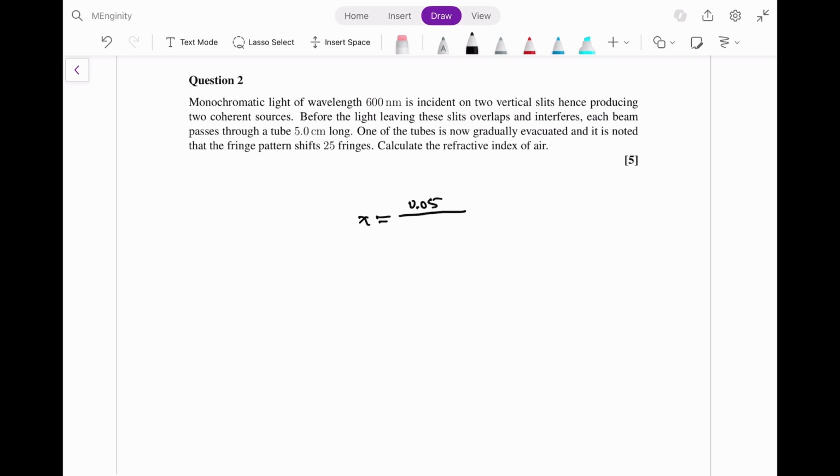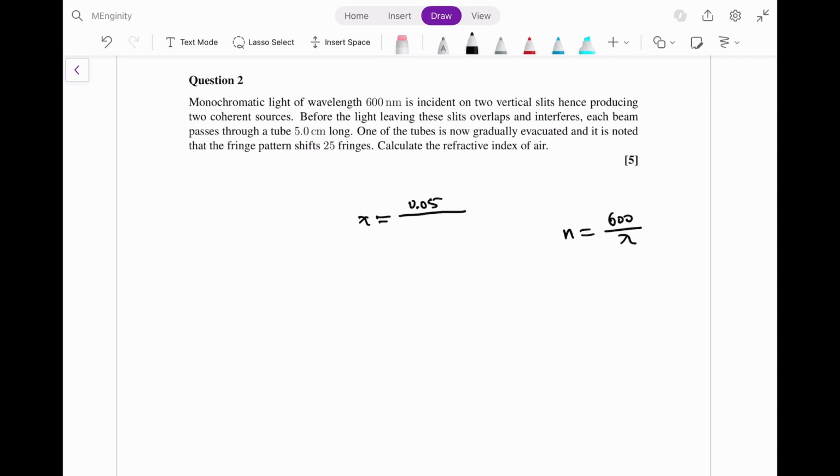So let's say n is the refractive index of air, and then the ratio of the wavelength will be 600 over the lambda in air.